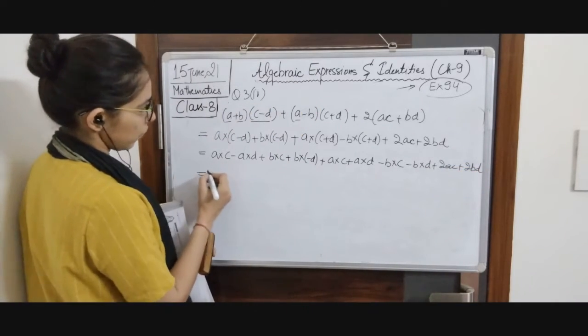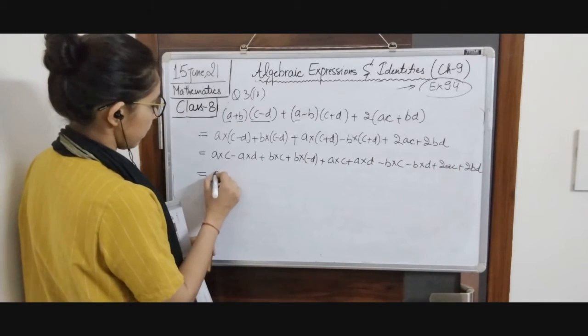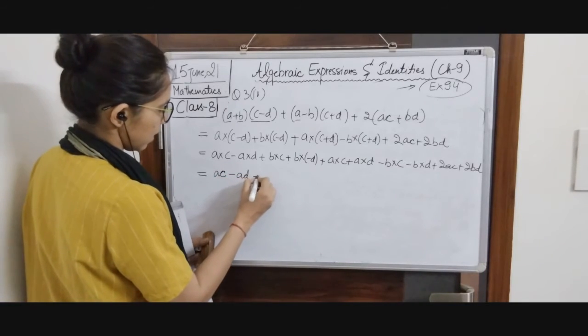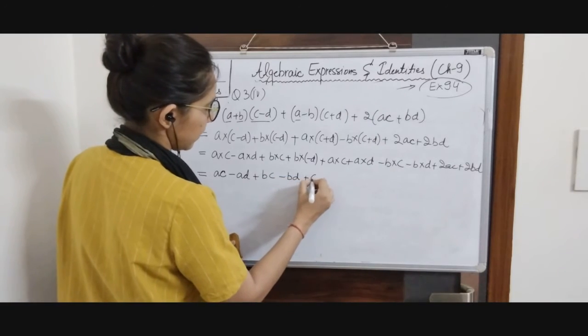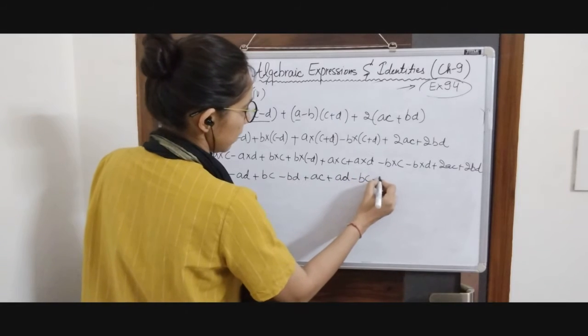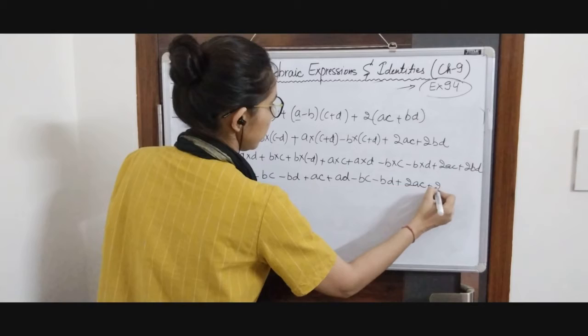Okay, now we are going to make it a little neat by removing the multiplication sign. AC minus AD plus BC minus BD plus AC plus AD minus BC minus BD plus 2AC plus 2BD.